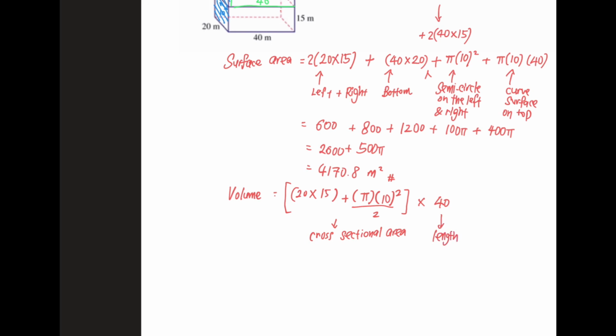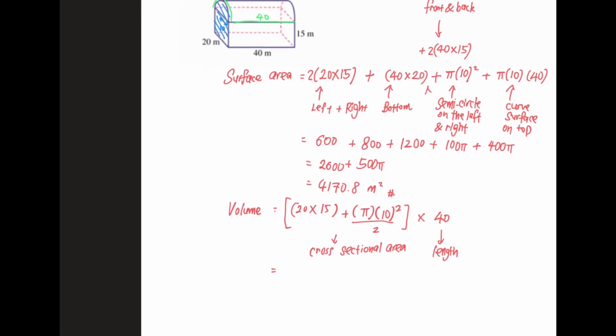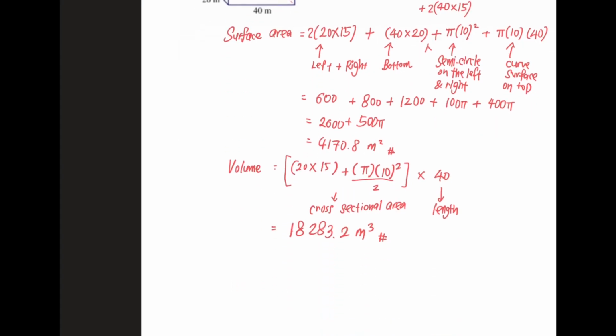Cross-sectional area times length is the formula for prism. So let us count it out straight away: the cross-sectional area times 40. Then we get 18283.2 meter cube. So this is the volume. Okay, we get the volume now.